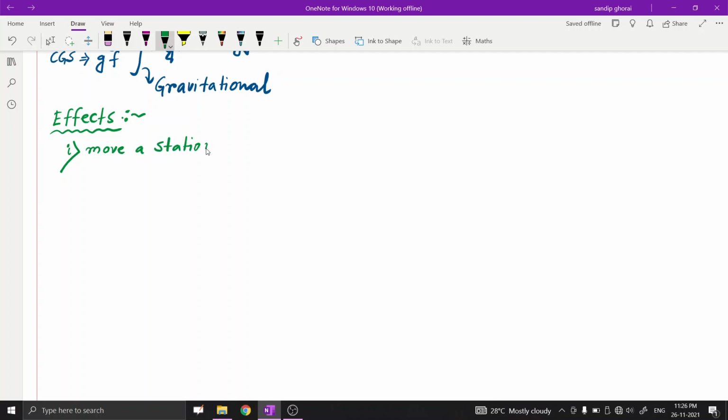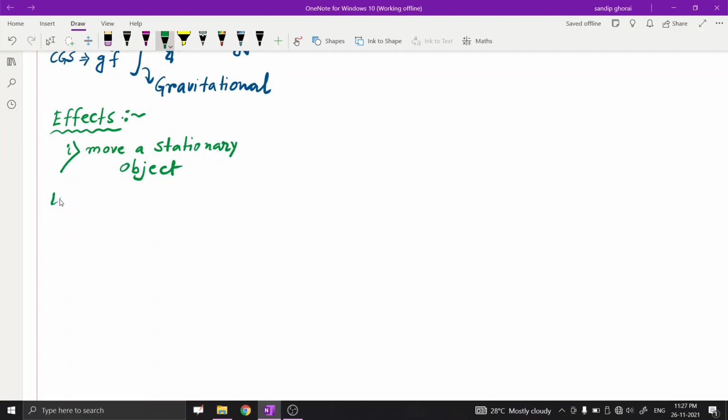Suppose a body is at rest, that means a football is placed on a ground surface and we apply a force to the football, then the football starts to move. So by applying force we can move a stationary object.